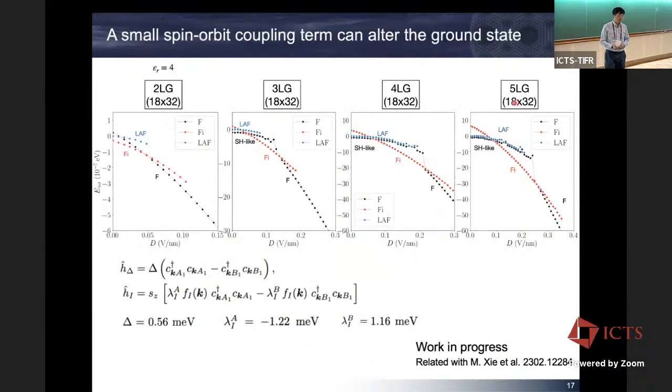And okay, this is just work in progress, just to show that a small spin orbit coupling term of roughly 1 millielectron volt in its prefactor is able to alter the expected ground state in these mean field calculations.